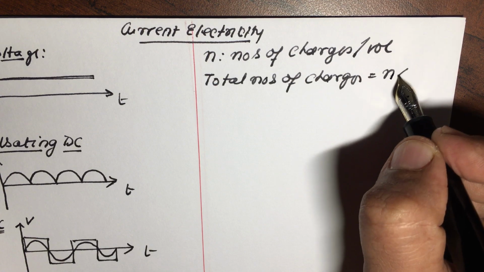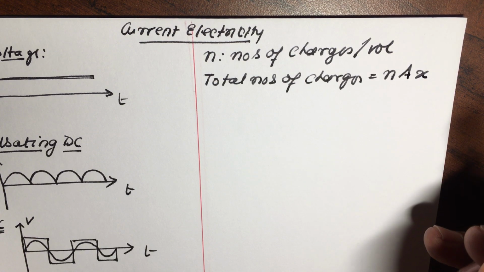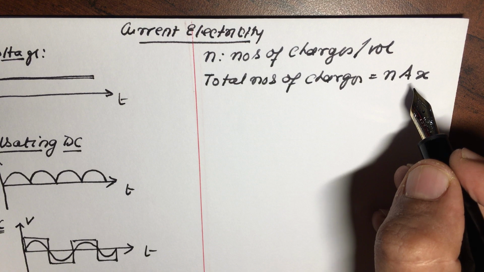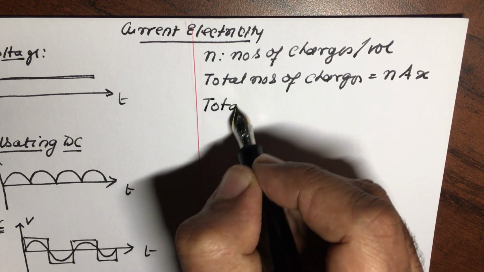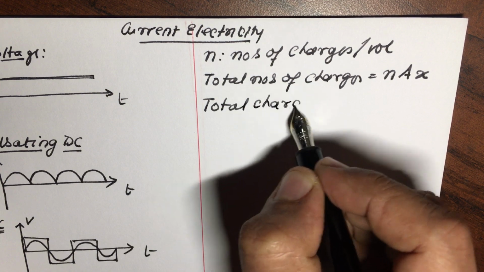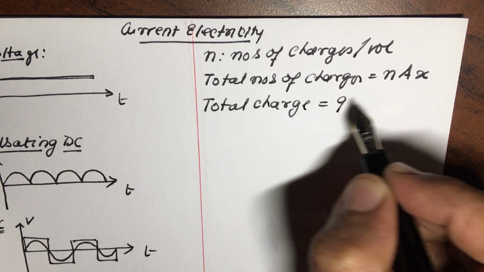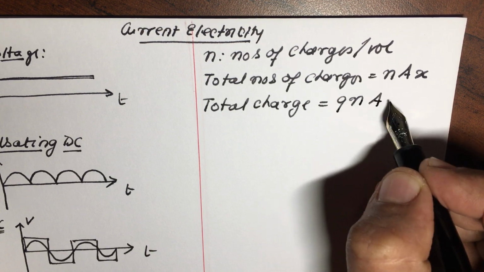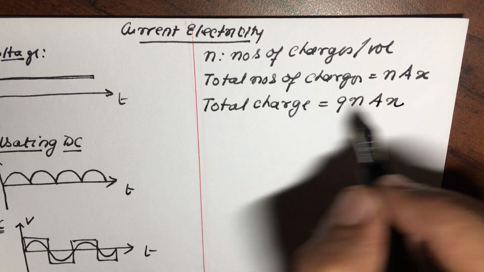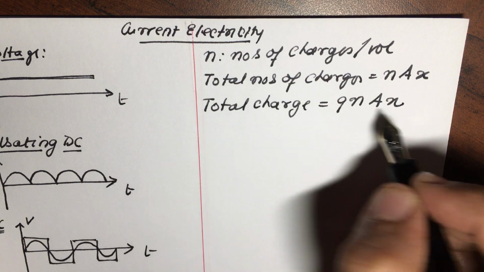And what is the volume? A into x. Now this is the number of charges, and if the charge value is q, then obviously the total charge would be q into the total number of charges. So it will be q n A x. So that gives you the total value of charge.